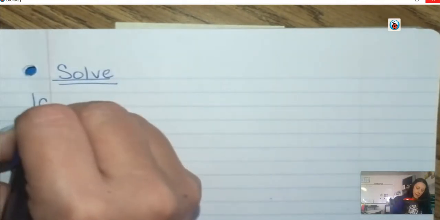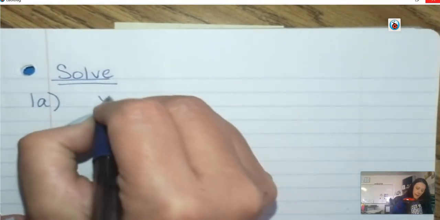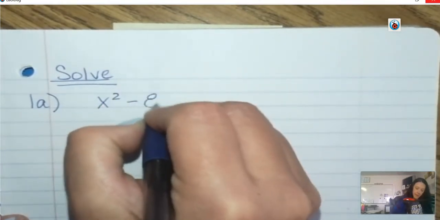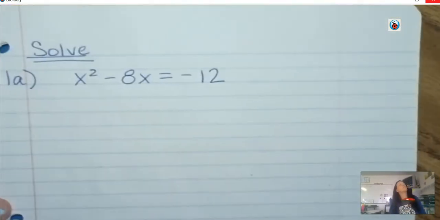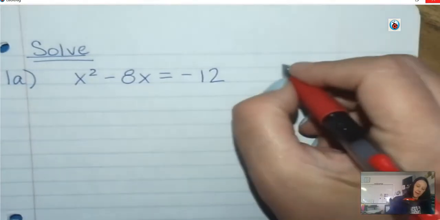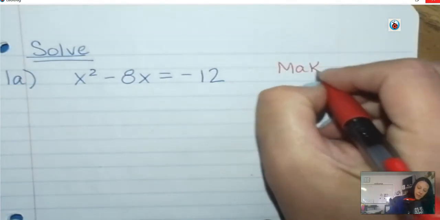Okay, this is 1A. X squared minus 8x equals negative 12. To do these, the first step is you have to make the equation equal to 0.